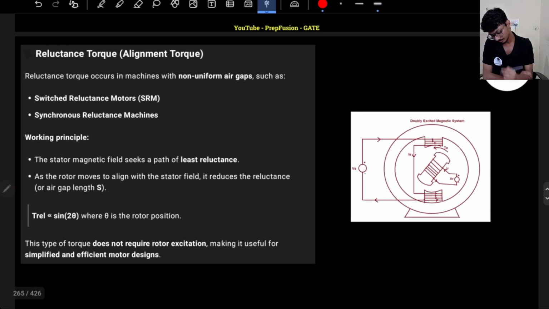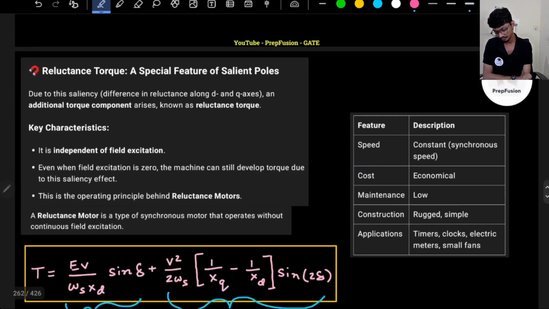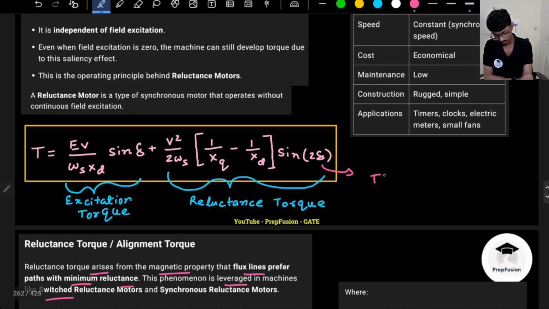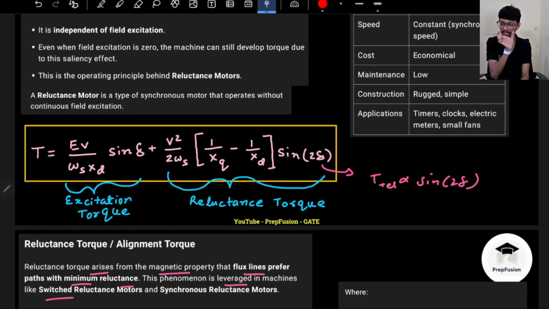Basically it's similar to alignment torque, but the most important portion that you have to understand, and don't worry, we will discuss reluctance torque later as well, is that your reluctance torque will be proportional to sine of 2 theta. If you see this, your reluctance torque is proportional to sine of 2 delta. The excitation torque was proportional to the sine of the angle between the armature MMF and the field MMF.